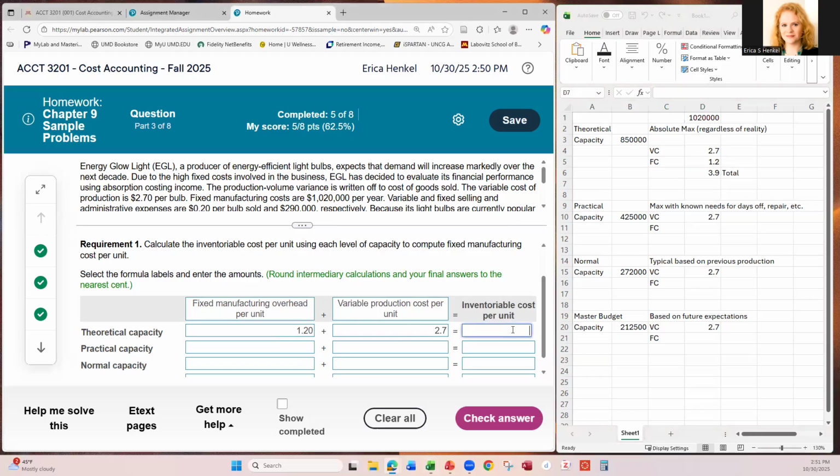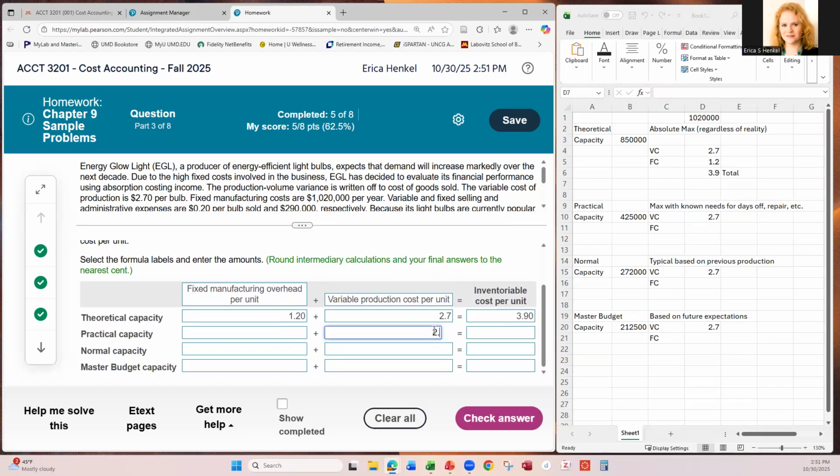Okay, so we can actually fill in all of these ones. We know that this variable cost per unit is the same under all of them. It's just going to be a difference in what we assign for the fixed manufacturing overhead here. So let's sum that up.